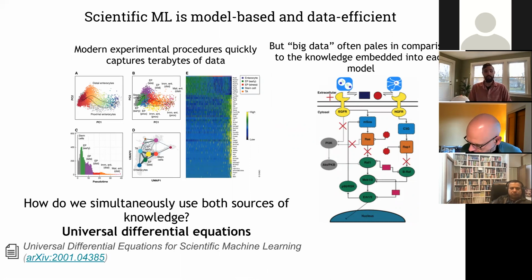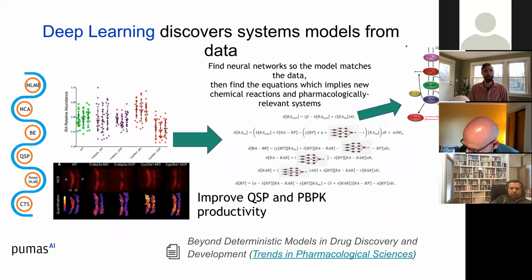And this is driving the case for what are called universal differential equations, this extension of the fact that neural networks can represent arbitrary functions. Well, you combine that with differential equations and you can represent arbitrary models at that point.